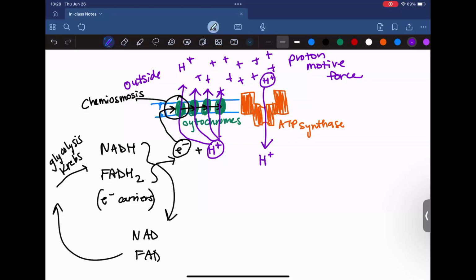And some of those charged guys, when they interact with that positive passing through it, this allows for ADP to get phosphorylated with an inorganic phosphate. Say inorganic, it's a PO4 that's just not bound to something, but to become ATP, which is the goal. This is the goal.